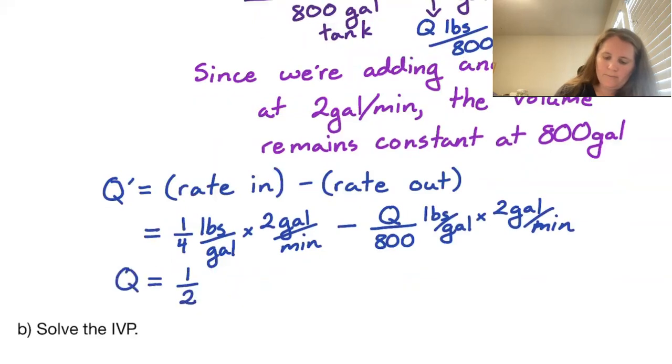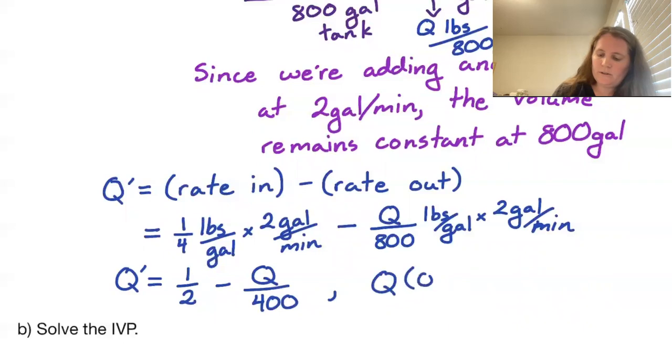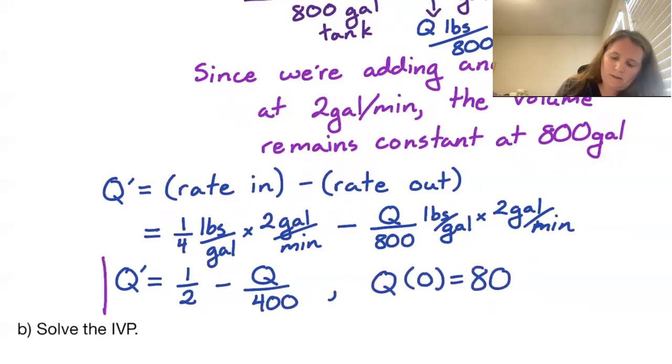So Q prime is equal to 1/2 minus Q over 400. And again, our initial condition was that Q of 0 was equal to 80. So this here is our IVP.